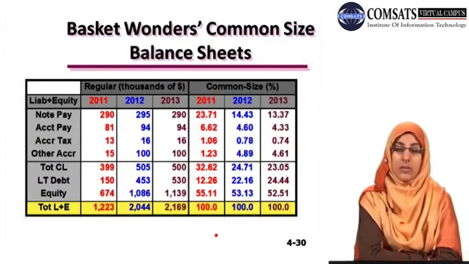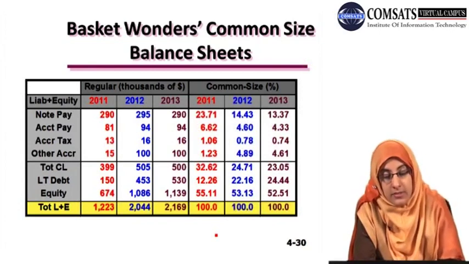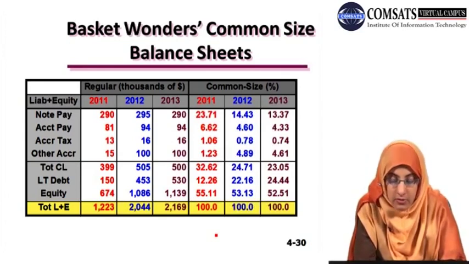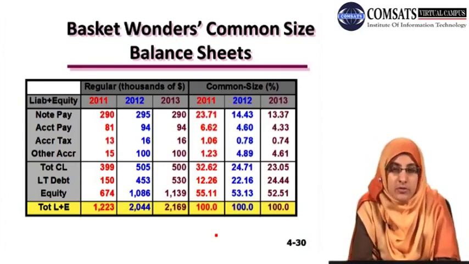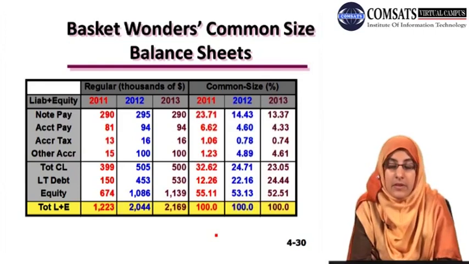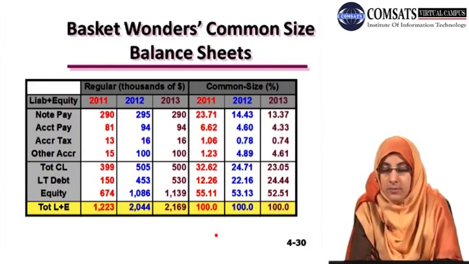Now if we talk about the liability side, that is the left hand side of your balance sheet, we have a similar number of years from 2011 to 13, with common size percentages and regular values in pounds, or we can say in rupees. We have notes payable, accounts payable, total current liabilities, long-term debt and equity.